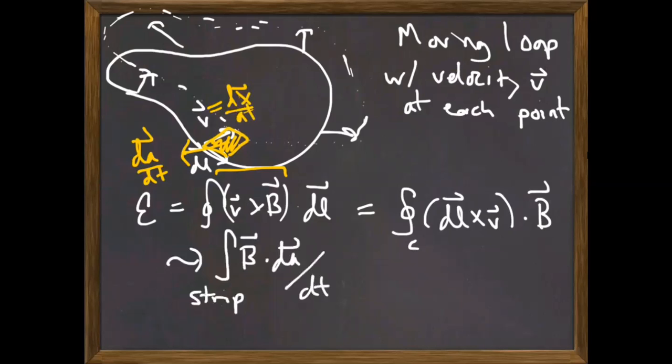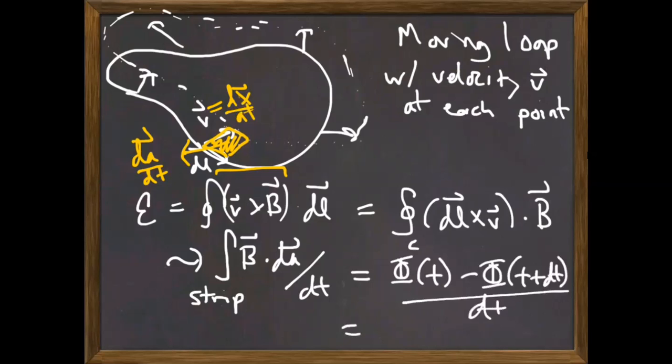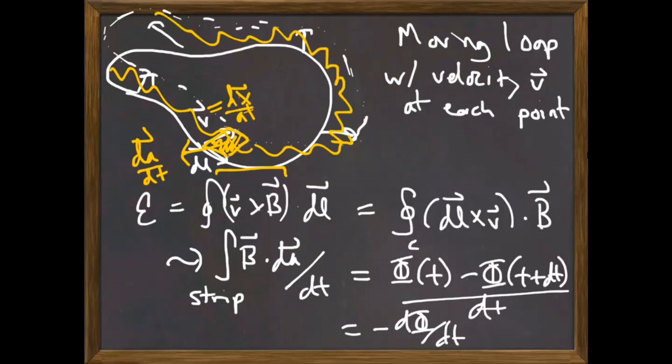So that means my loop integral becomes really an area integral over a strip. That strip is this shaded strip between the old and the new loops. So I'm doing an area integral over an infinitesimal strip, and then dividing that infinitesimal area integral by dt.